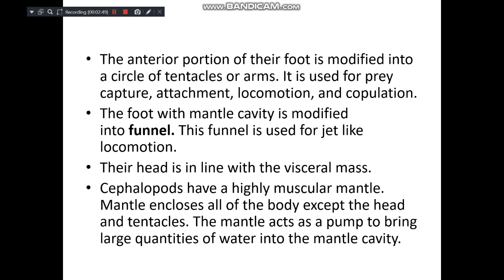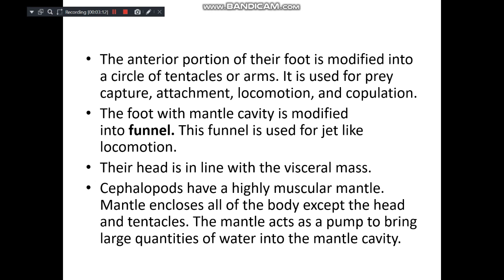The foot with the mantle cavity is also modified into a funnel-like structure. The funnel is used for jet-like locomotion.